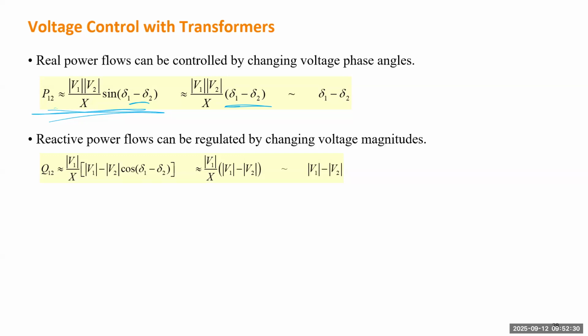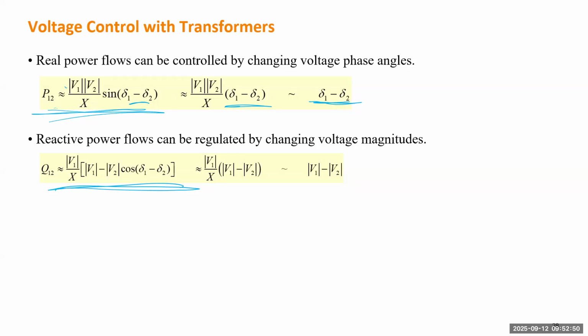So basically, active power depends on the angle difference on both sides. So if you can utilize the transformer to change the angle difference, you'll be able to control the active real power flow.